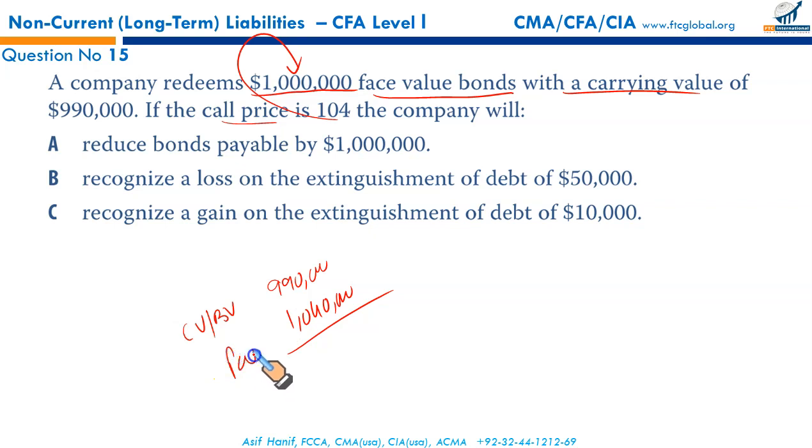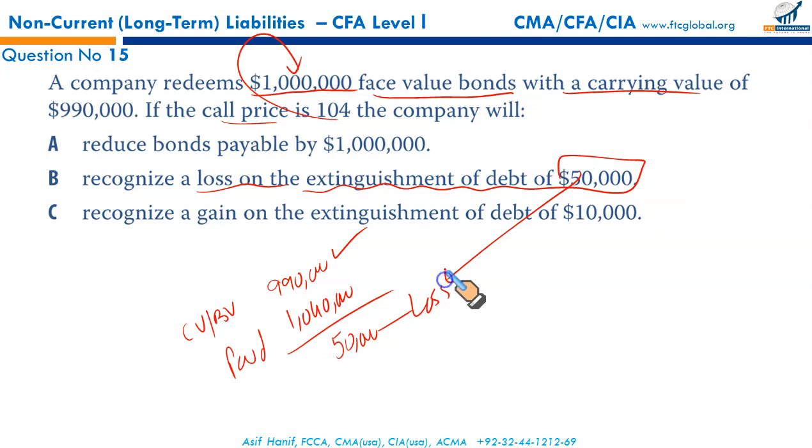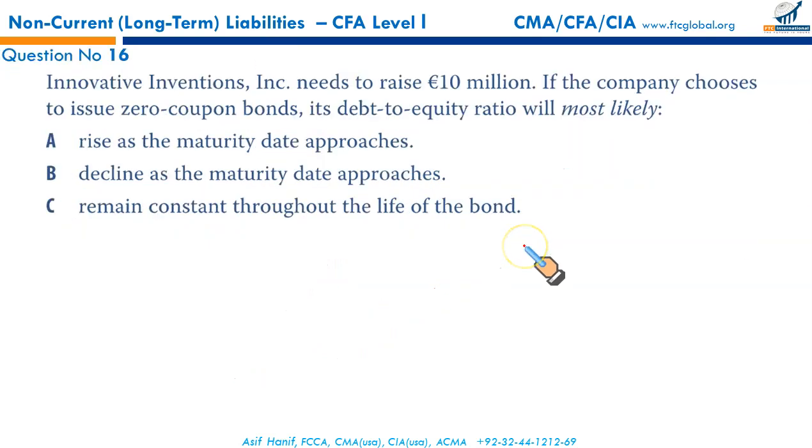This is what you have paid. So you have settled a liability that was in your books for 990,000 by paying 1.04 million. The extra amount you paid represents a loss to be shown in your income statement. So recognize a loss on extinguishment of debt of $50,000. That makes B the correct option.